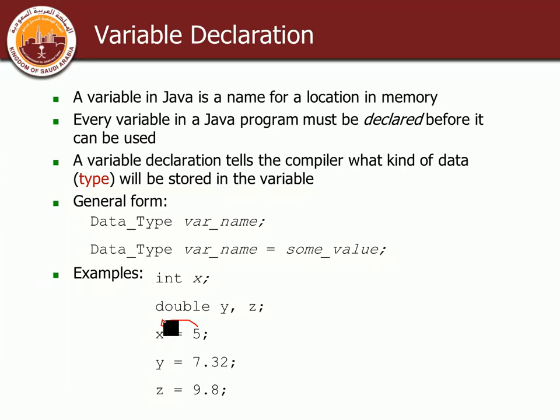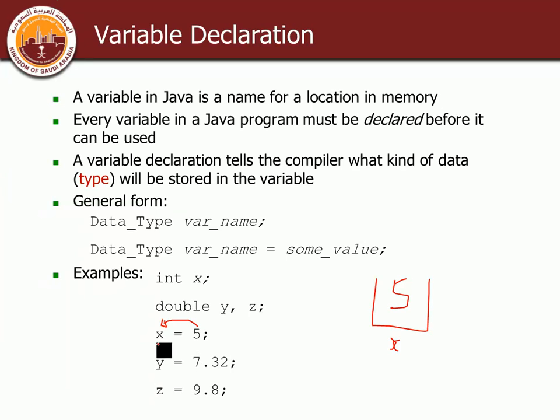So let's say this is x. And if I'm executing this instruction, I'm going to put 5 inside of x. I have y equals 7.32. Same process: put 7.32 into y, put 9.8 into y, and so on.